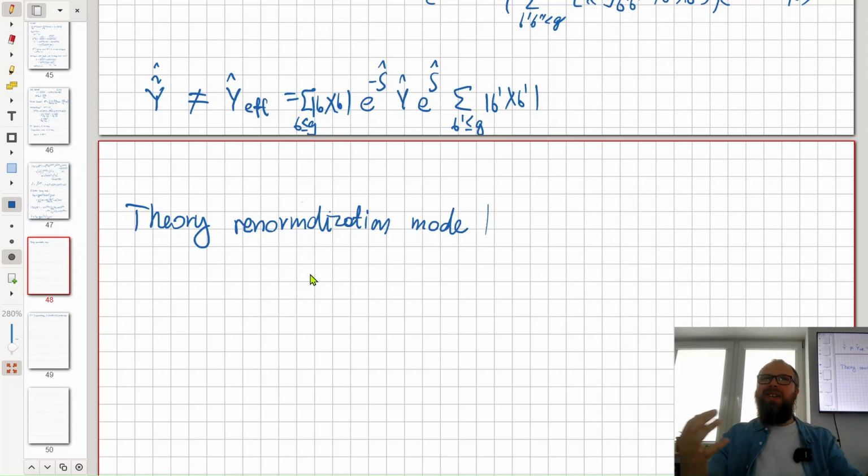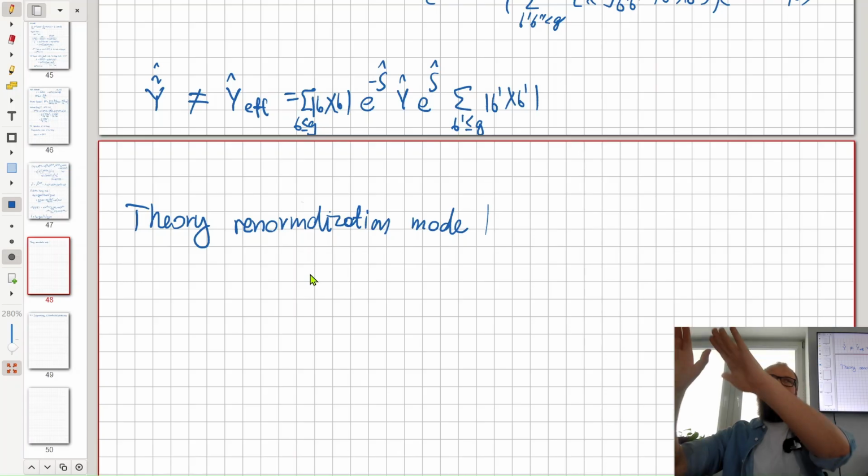The effective laws that come from the theory describing this kind of system do not follow straight from the laws of the bigger theory.